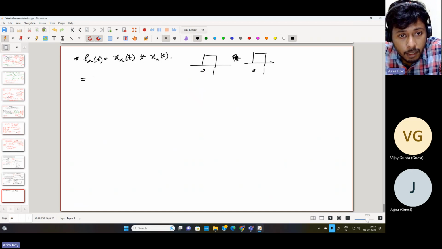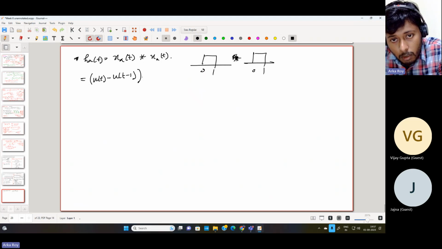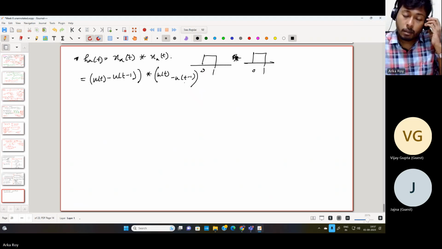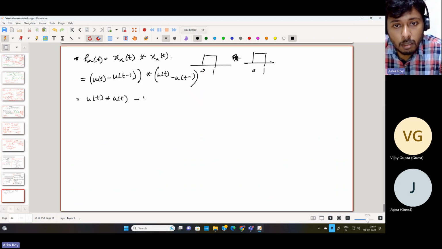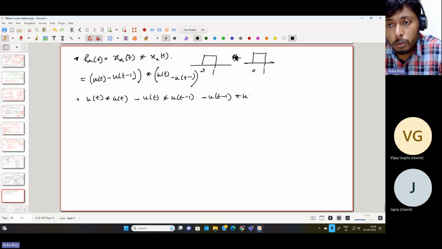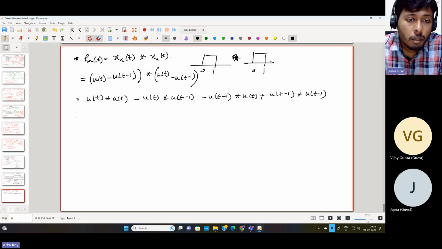I can write xa(t) as u(t) minus u(t minus 1) convolution u(t) minus u(t minus 1). So u(t) convolution with u(t), minus u(t) convolution with u(t minus 1), minus u(t minus 1) convolution with u(t), and finally plus u(t minus 1) convolution with u(t minus 1).